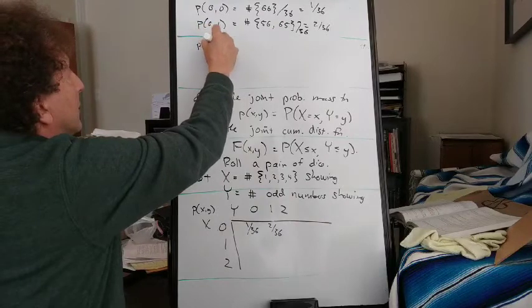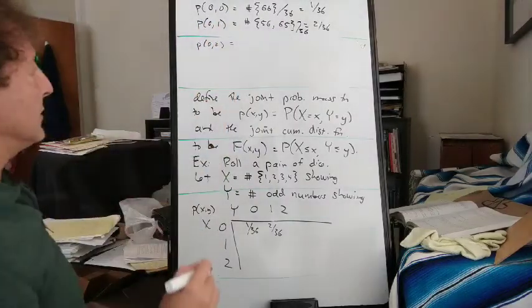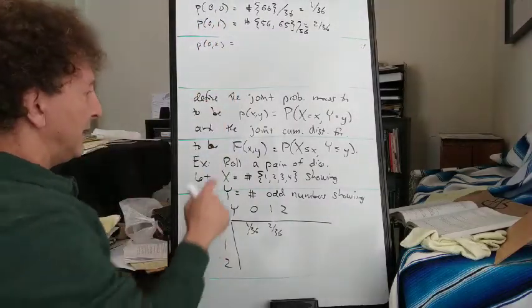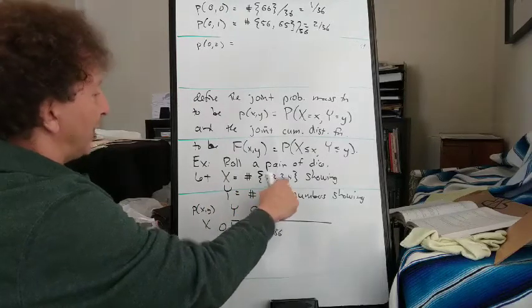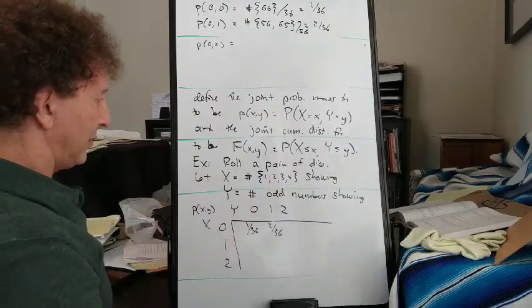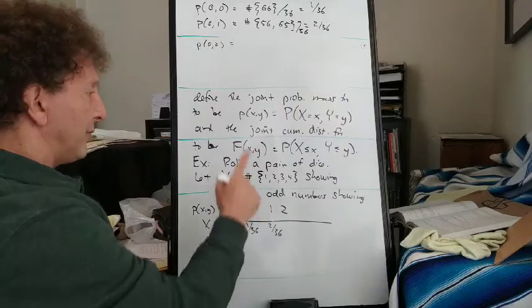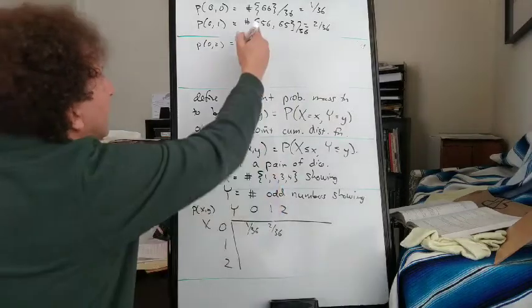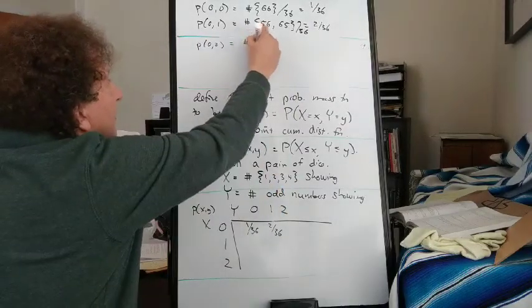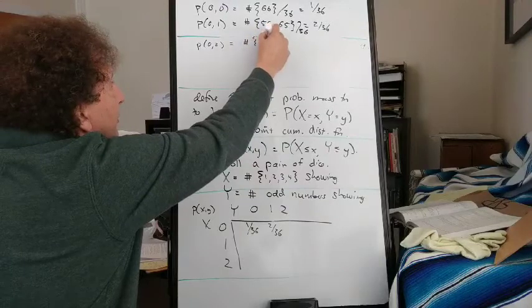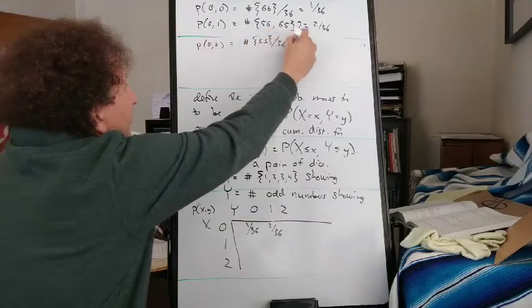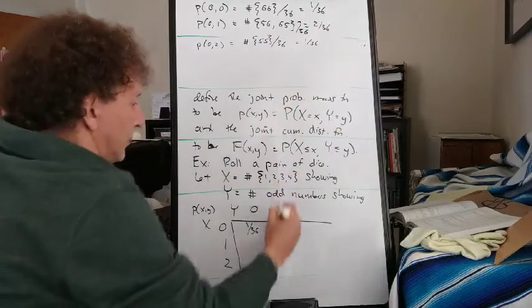So that's the probability of getting 0 numbers in the 1 through 4 range and 2 odd numbers. Well, 5 and 6 are the only things that are left, so I guess that only happens if we get double 5s. So 1 over 36.